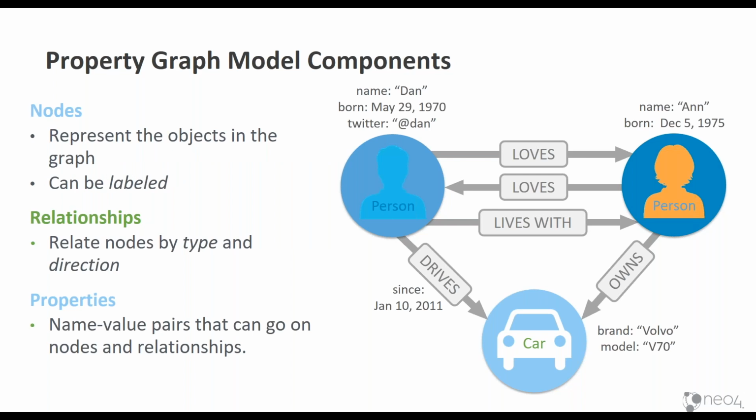To further enrich our model, we can now apply properties to our nodes and to our relationships. So, for example, for the person node on the left, we've now given the property with a name, and it's got the name of Dan. That Dan has a birthday, so again we add that property. He's also on Twitter.